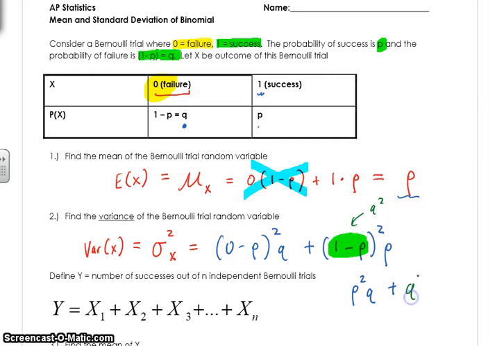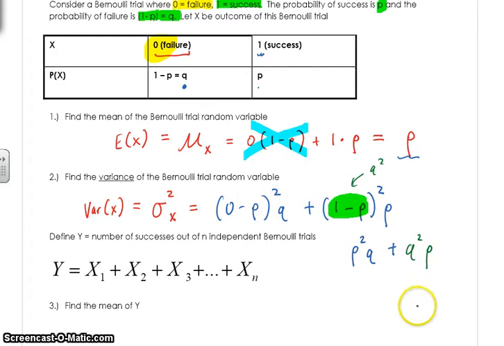So this is plus Q squared P. All right, if we continue here, I'm just going to do some algebra to this expression. I'm going to factor it. I see a P and a Q common to both terms, so I'm going to factor out a PQ. So I get PQ, and then I get P plus Q.